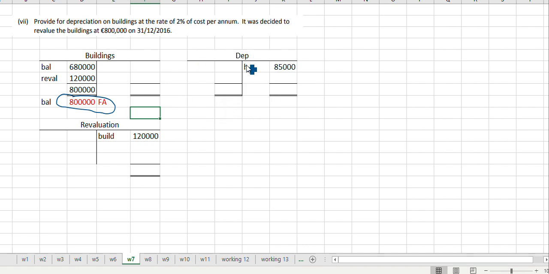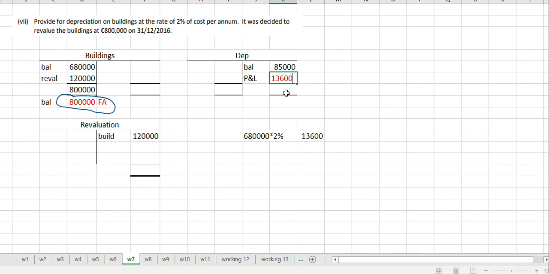So what happens when we do a revaluation, we get rid of the depreciation. Because it was done at the end of the year, we must have this year's depreciation put in. So the P&L depreciation would be 680,000 times 2%, which equals 13,600.